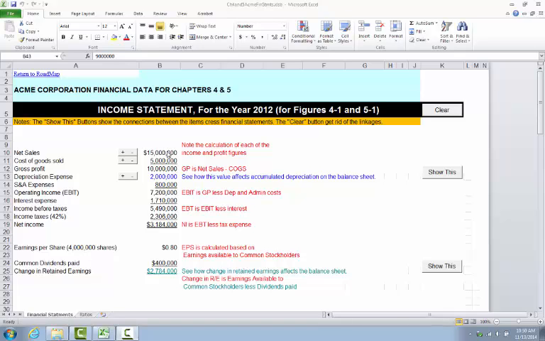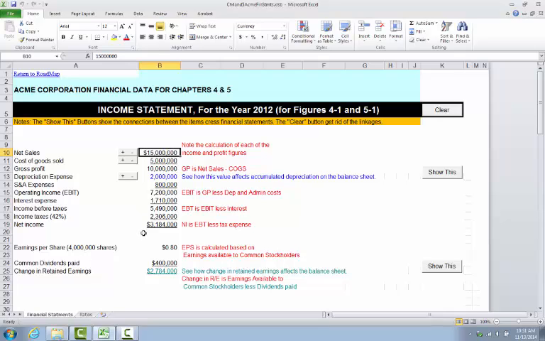So here we have the income statement, and we have the record of revenues and expenses for the year 2012. An important thing to remember is that the income statement describes various accounting variables as measured over a period of time. So this is for the year 2012.